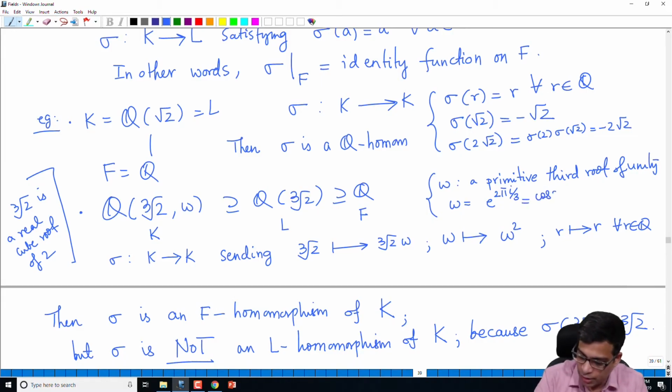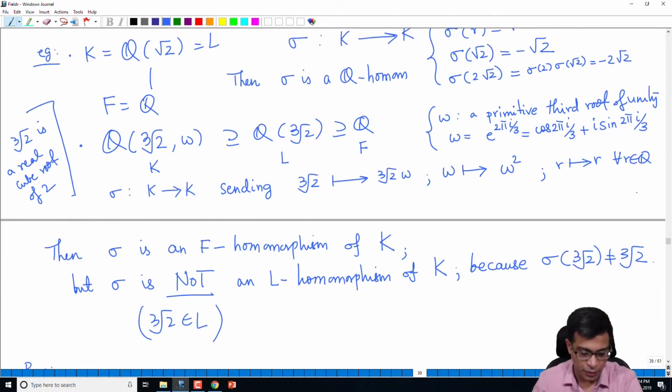This is just cosine 2 pi by 3 plus i sine 2 pi by 3. And then let's call these fields K, L and F respectively, and let's look at the function from K to K, which sends cube root of 2 to cube root of 2 omega, omega to omega squared, and r a rational number to itself. So later on you will see why I have chosen these particular images.